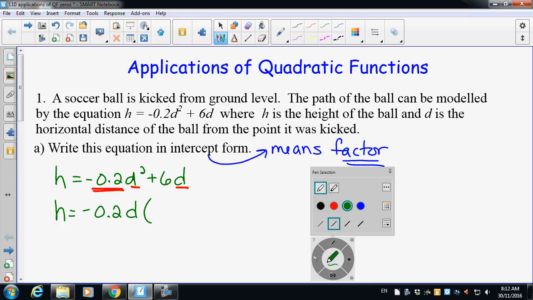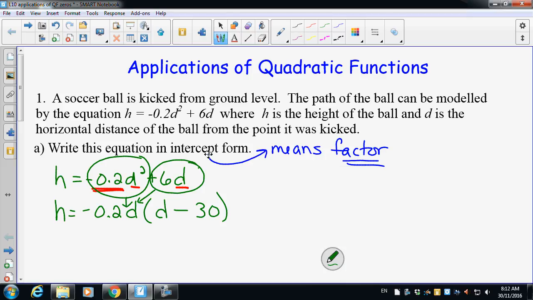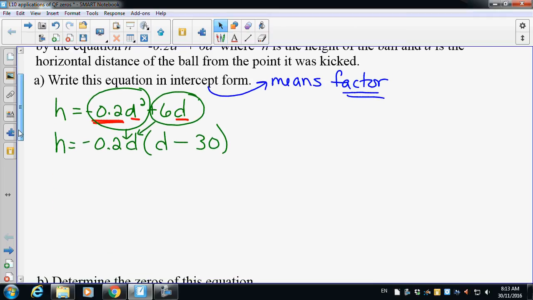So when I do that, I'm going to have d left there, negative 0.2 d squared divided by negative 0.2 d would leave just d. And then 6 divided by negative 0.2 d would be negative 30. So I have my factors. So I have written it in intercept form. Once it's factored, it's in intercept form.